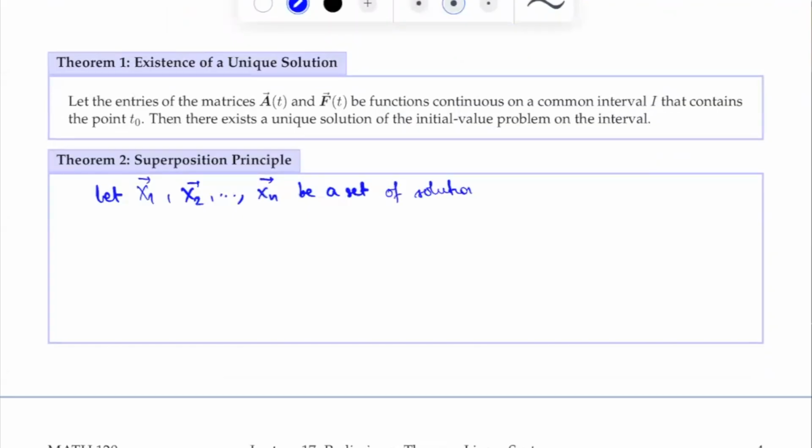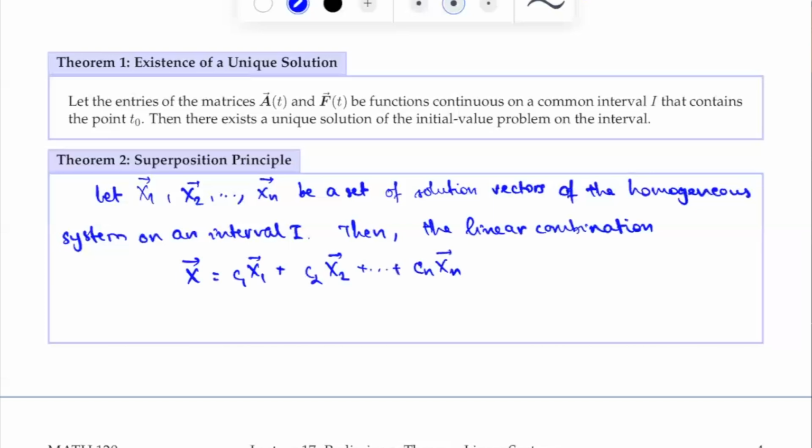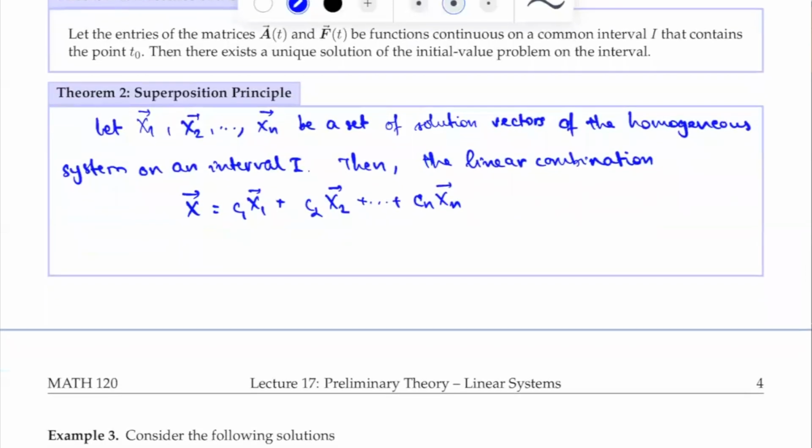So you say let X1, X2, up to Xn be a set of solution vectors of the homogeneous system on an interval I. Then the linear combination X equals c1 X1 plus c2 X2 up to cn Xn is also a solution on the interval.